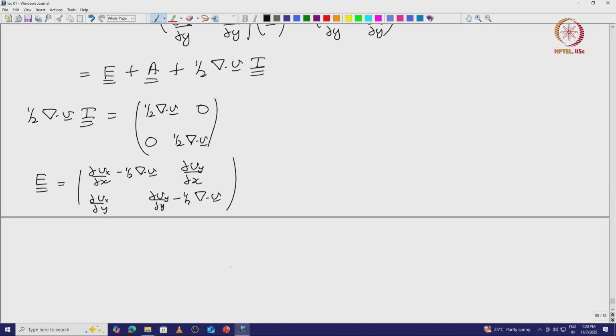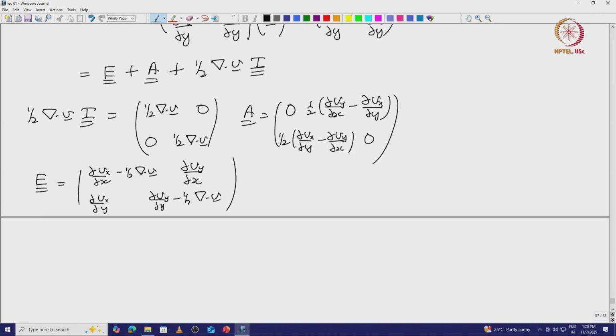And the antisymmetric part finally is going to be equal to A is equal to 0, half of the off diagonal difference, so that is going to be the antisymmetric part.